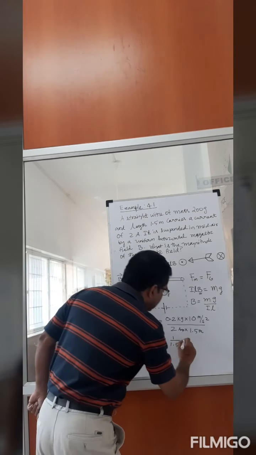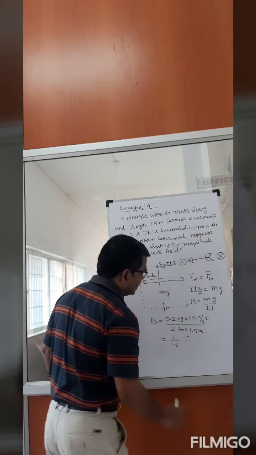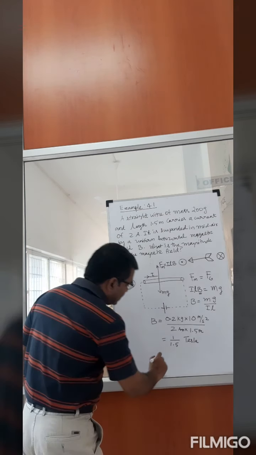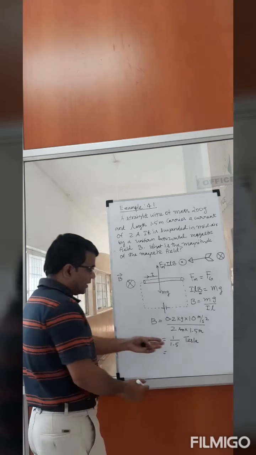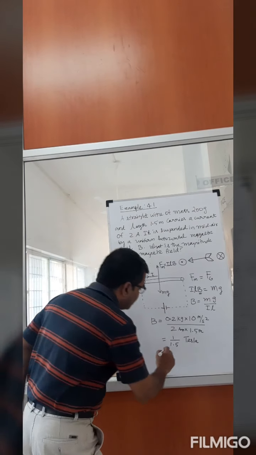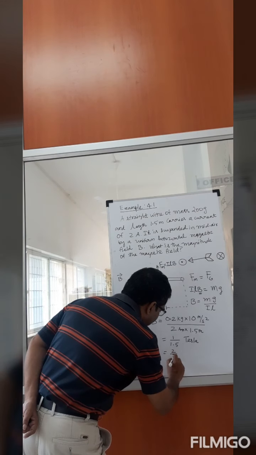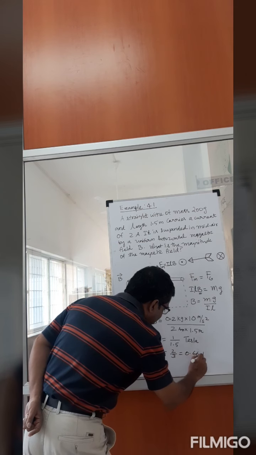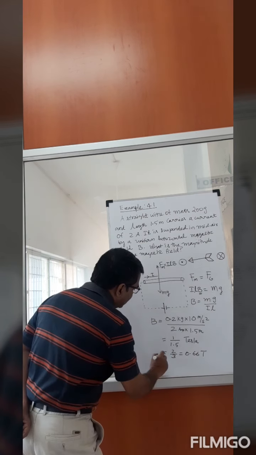So this is Tesla, T. So this would be 1 by 1.5, 1.5 is 3 by 2, so 2 will come up, and so 2 by 3 is equal to 0.66 Tesla, approximately.